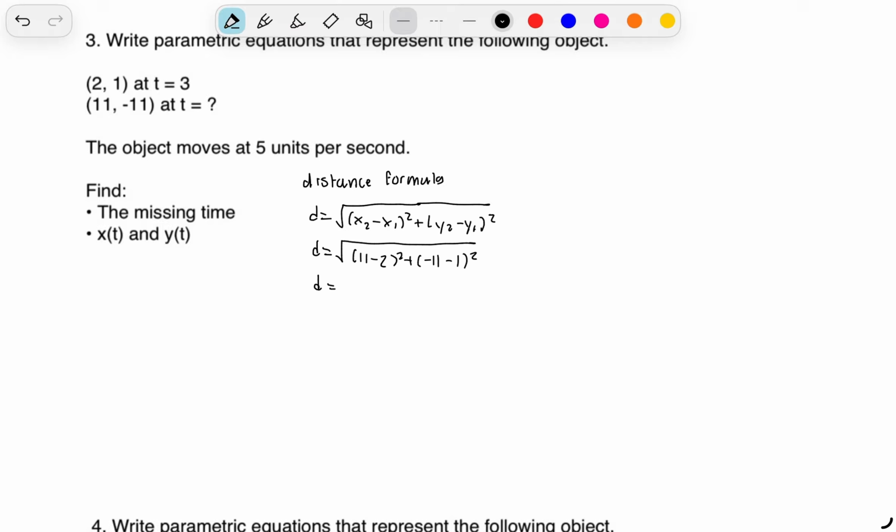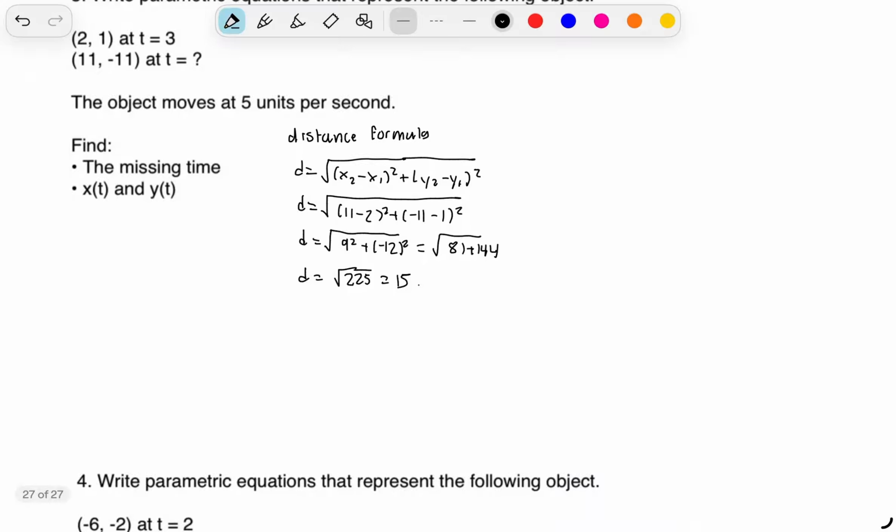D is equal to the root of 9 squared plus negative 12 squared, and that's going to be equal to the root of 81 plus 144. So that's going to equal the root of 225, and that is equal to 15. So that means that the object travels a distance of 15 units.